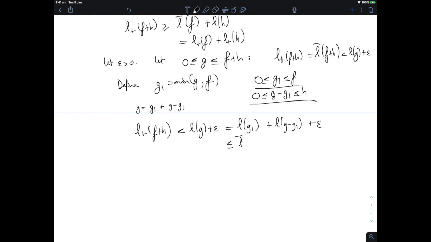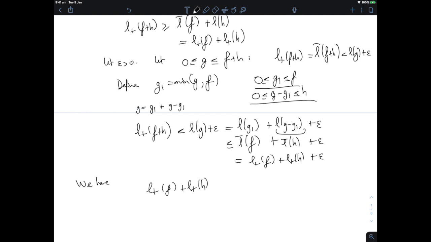So this is smaller than L bar of f, and this second term is smaller than L bar of h, which is L plus of f plus L plus of h plus epsilon. So we have shown that L plus f plus L plus h is smaller or equal than L plus of f plus h, which is smaller or equal than L plus of f plus L plus of h plus epsilon for every epsilon.